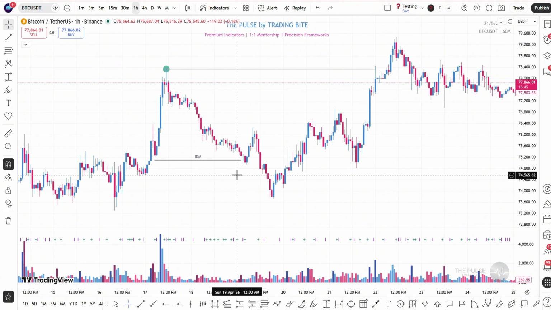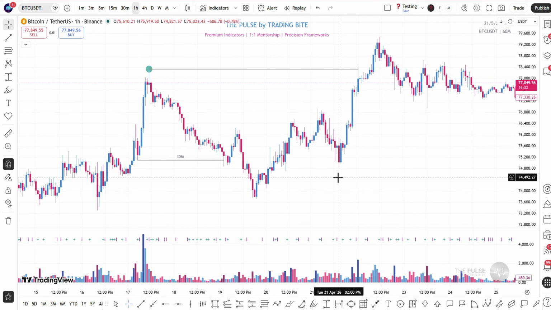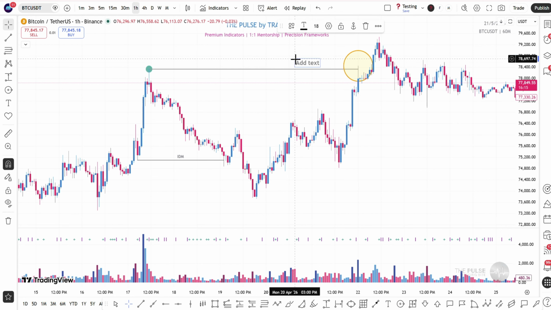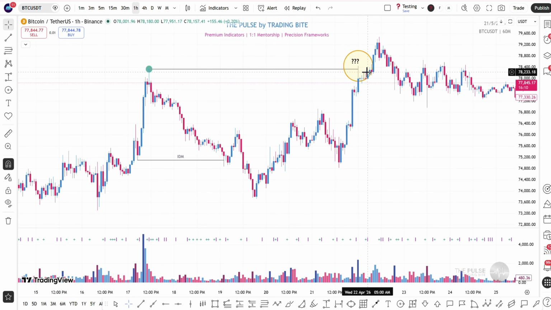Liquidity has been taken. It can be taken by a wick, or with a candle body close. Either way, liquidity has been taken. And the question: is this a valid break of structure at this point? No, this is not a valid break of structure. Why?